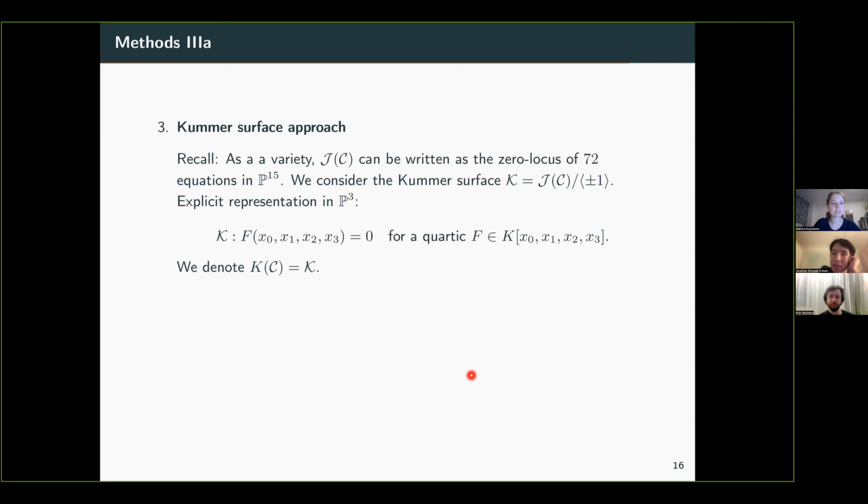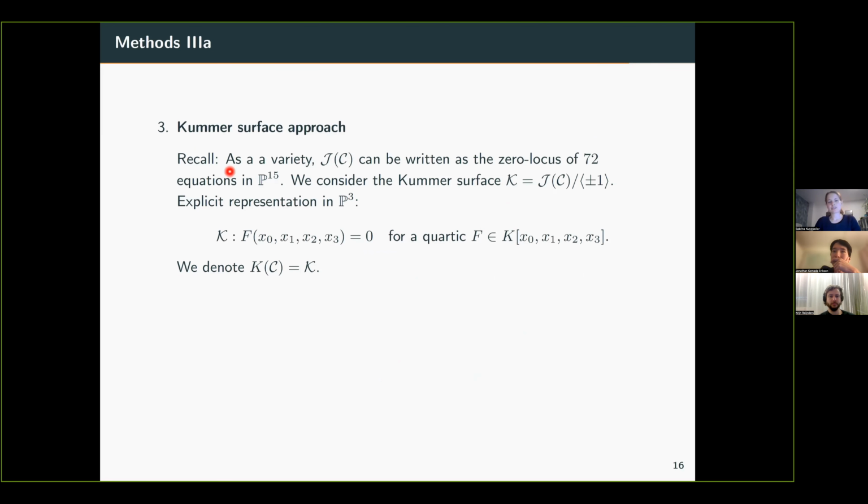And then maybe a last approach that can be used is, if you remember from the beginning, that I said we have 2 different ways of representing elements of the Jacobian. There was the approach that we used the whole time, where we view elements of the Jacobian as pairs of points on the curve.